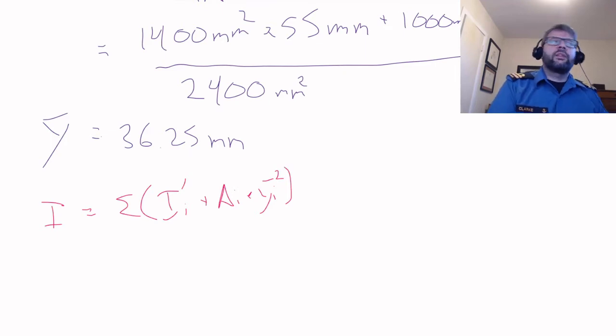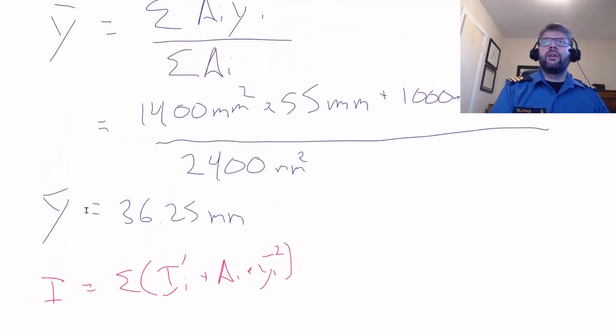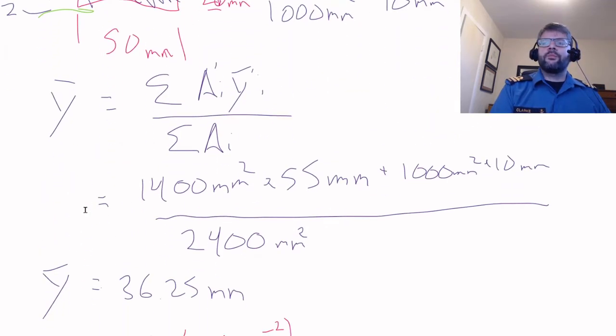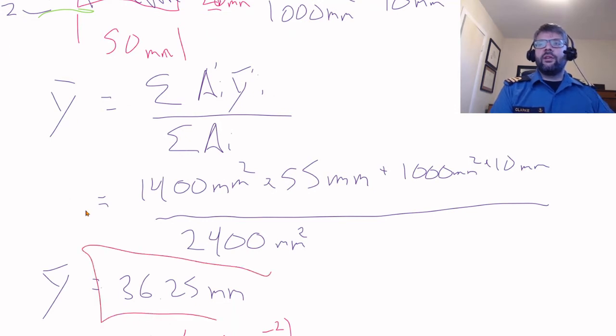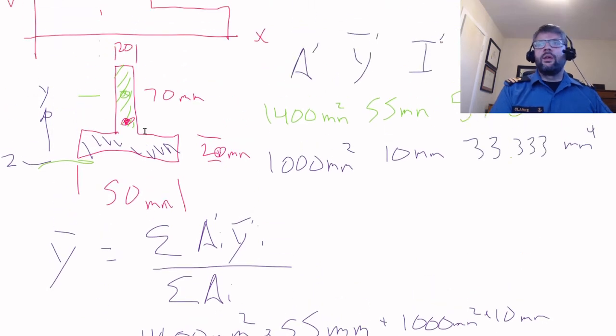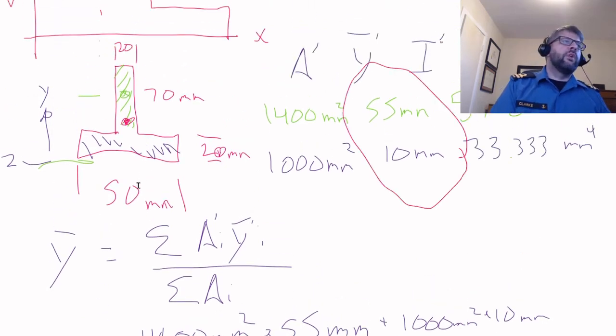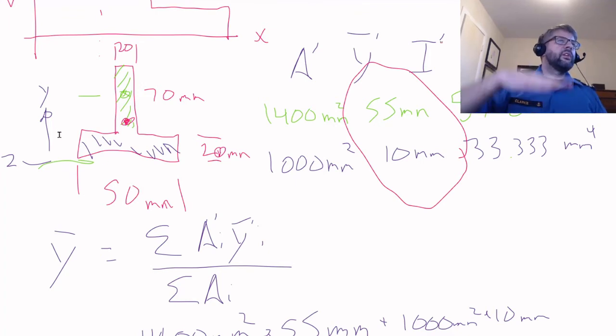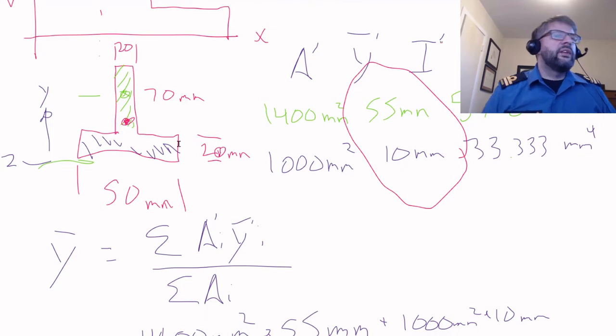Now that y bar is the difference between this value and these values up here. So it's y bar relative to the centroid, not relative to that base that we originally set as a convenient 0 point.